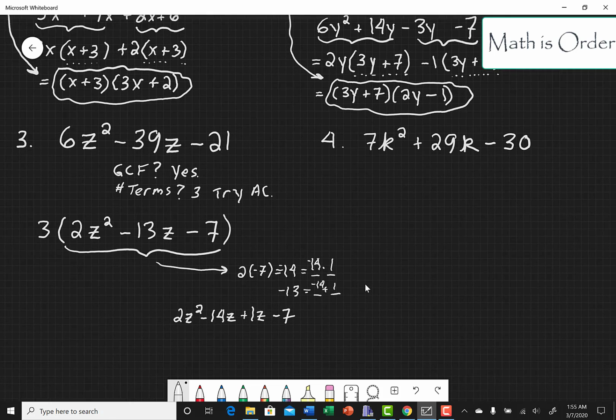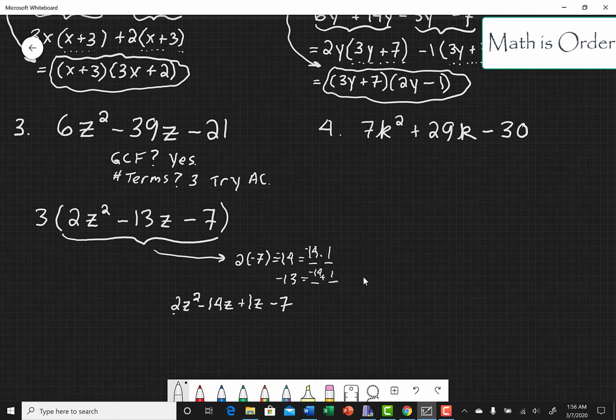Right, and next I'm going to factor the first 2 terms and the second 2 terms. What can come out of the first 2 terms? 2z, leaving us z minus 7. What can factor out of the second 2 terms is a plus 1, leaving us z minus 7.